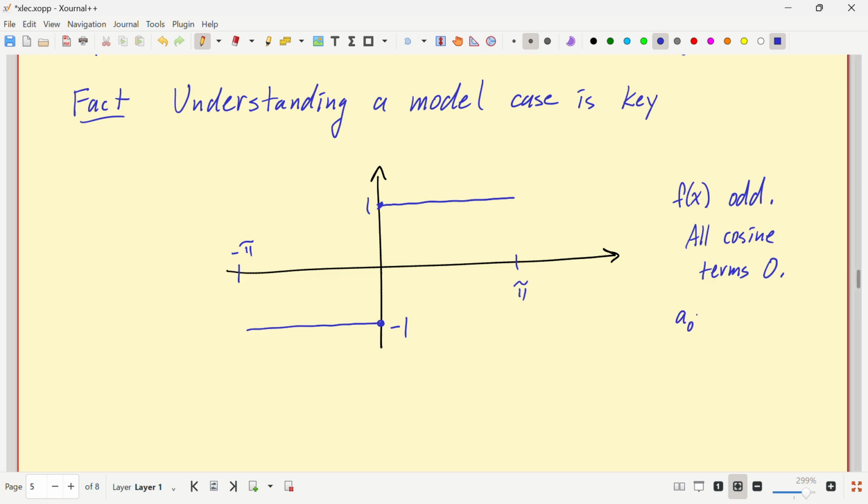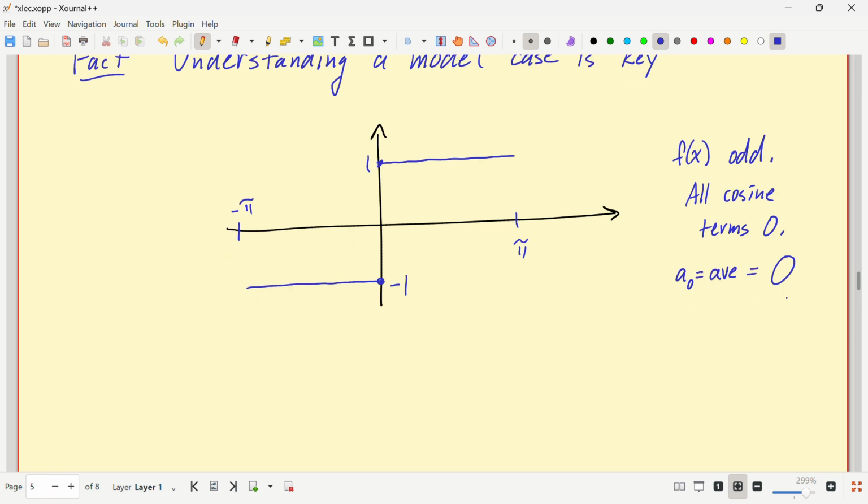So a naught is the average, and that's equal to 0. And of course, the sine functions are all 0 at 0. So the Fourier series is going to be a big fat 0 at 0.